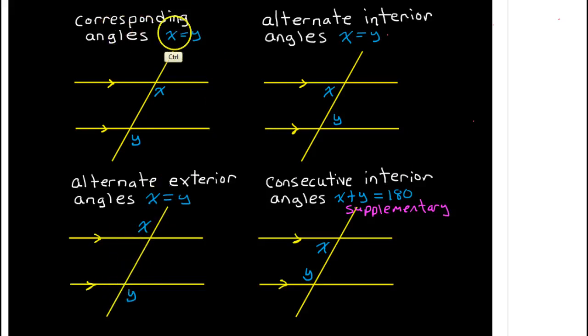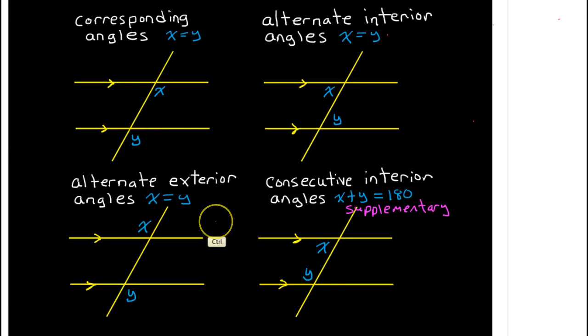Corresponding angles are congruent only if the lines are parallel. Alternate interior angles are congruent only if the lines are parallel. Alternate exterior angles are congruent only if the lines are parallel. And consecutive interior angles are supplementary only if the lines are parallel. So if it's any of these, I can use these facts to prove that the lines are parallel.